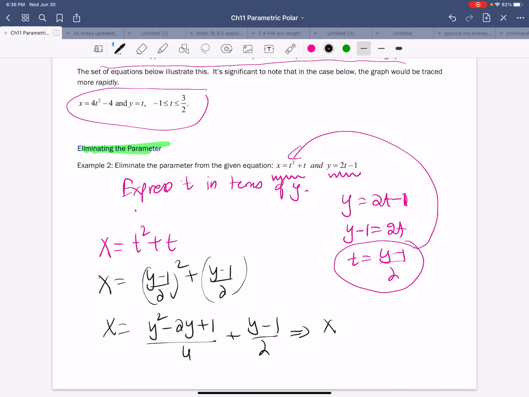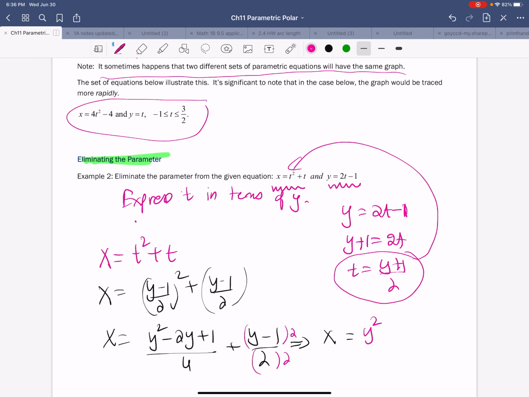This will leave me with x equals, we can multiply numerator and denominator of the second fraction by 2: y squared minus 2y plus 1, plus 2y minus 2, over 4. That makes y squared plus 4y, and 1 minus 2 is negative 1, so y squared plus 4y minus 1. Let me fix that: it's y plus 1, which makes it positive: 1 plus 2 plus 3... so y squared plus 4y plus 3.